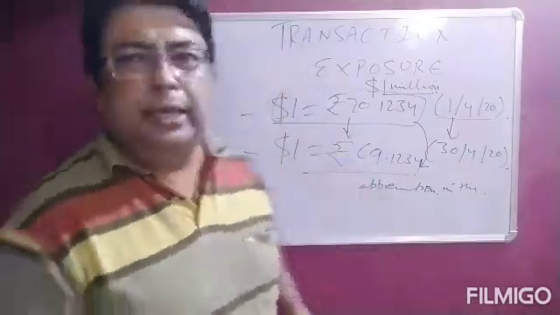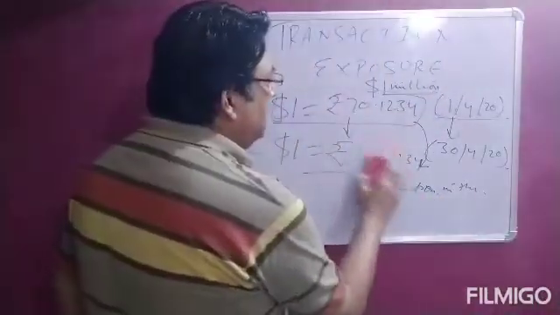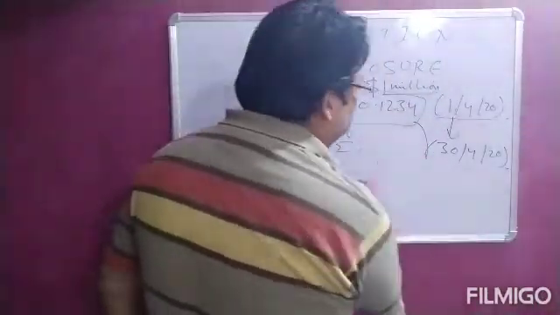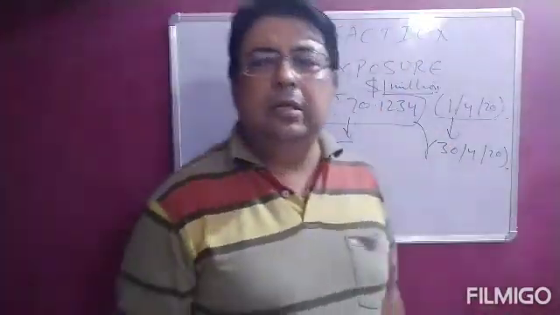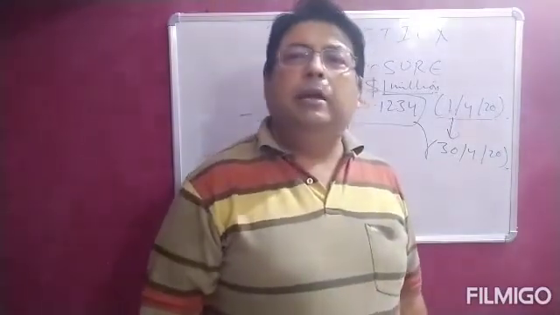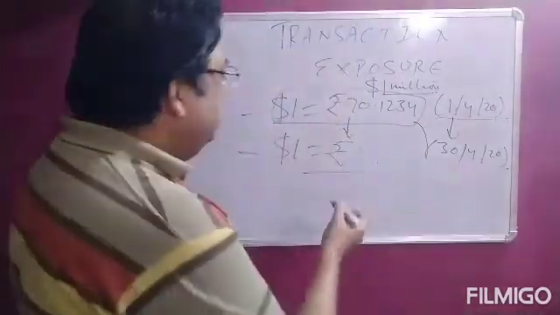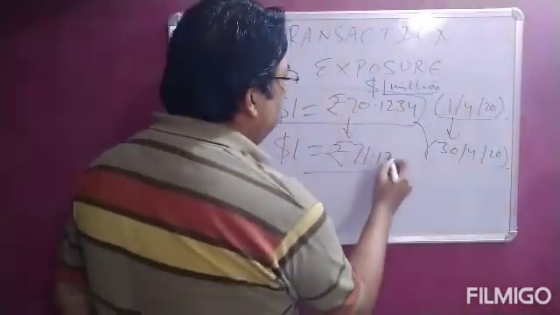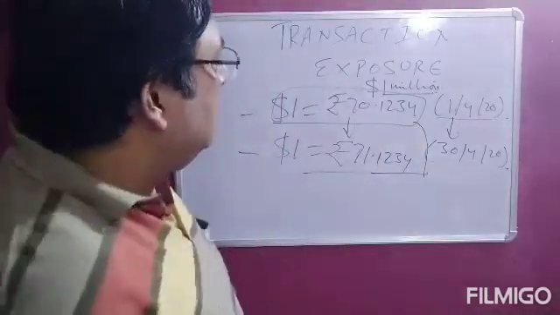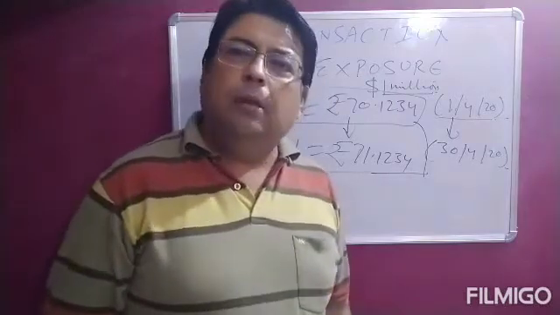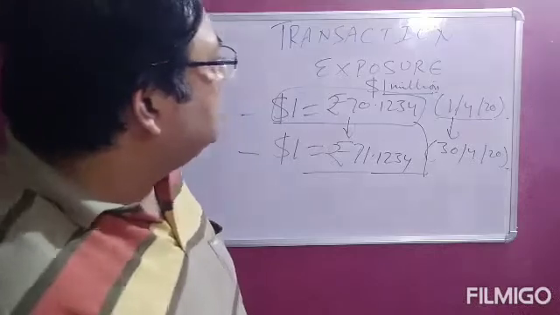The opposite of this can also happen. If the spot rate comes out to be such that Indian currency might also depreciate. We all know one very important thing: if Indian currency depreciates, it is advantageous to the exporter. If Indian currency appreciates, the exporter is at a disadvantage. So if the rate moves to 71.1234, it is natural that the exporter will receive in Indian currency more than what it had imagined on 1st of April.